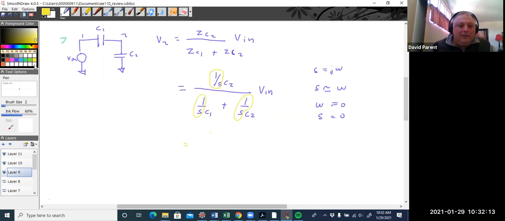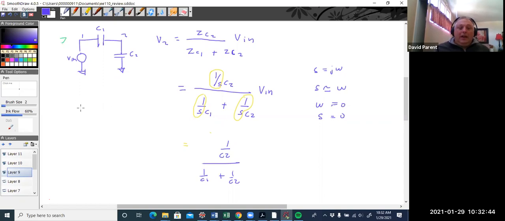So I'm going to get 1 over C2 over 1 over C1 plus 1 over C2. You could then work out the relationship if one was 10 times bigger than the other. But the important part is, with ideal elements, I have a voltage division circuit that doesn't depend on frequency.